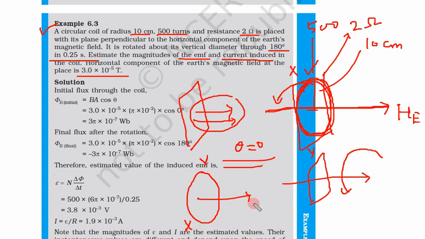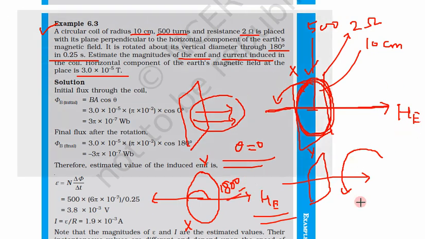Again this horizontal component will remain there because we cannot change the Earth's magnetic field. Only thing, this direction which was previously at 0 degree, now the direction is this. So new angle is 180 degree. Initial angle is 0 degree, final angle is 180 degree. That is only change. Now let us solve this problem.